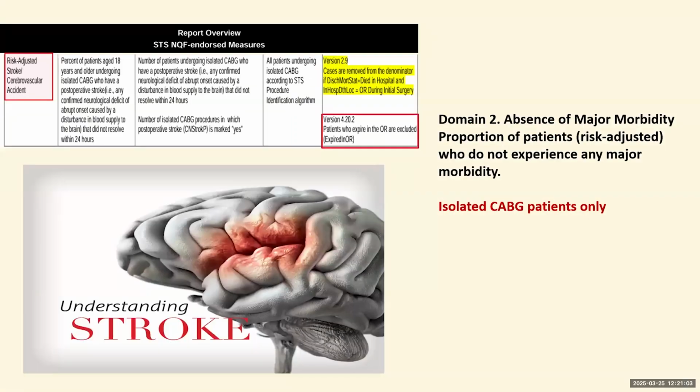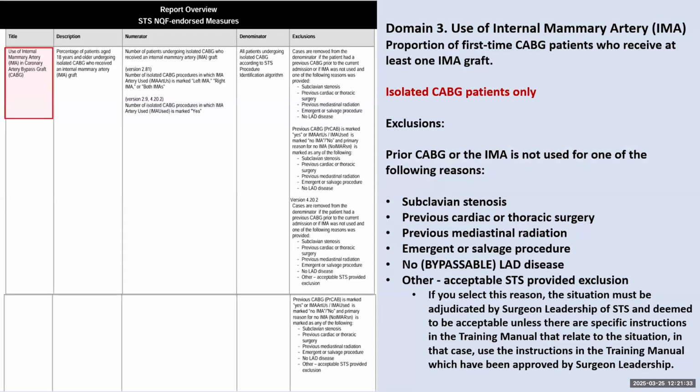The next domain in here has to do with risk-adjusted stroke, cerebral vascular accident. Again, this is isolated CAB patients only. The only exclusion is if they expire in the OR, then they're excluded from this measure. Okay, so that was domain 2.